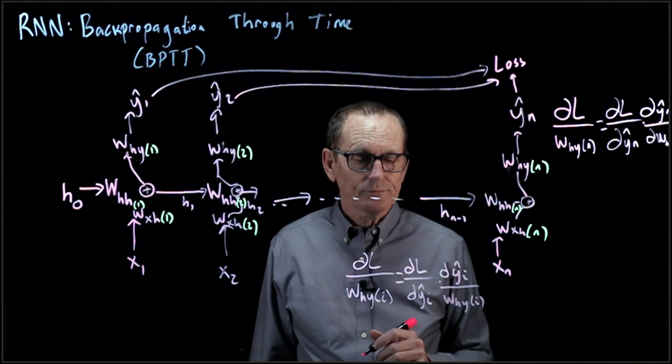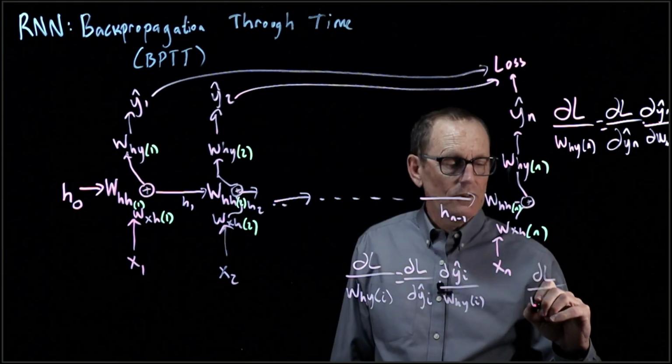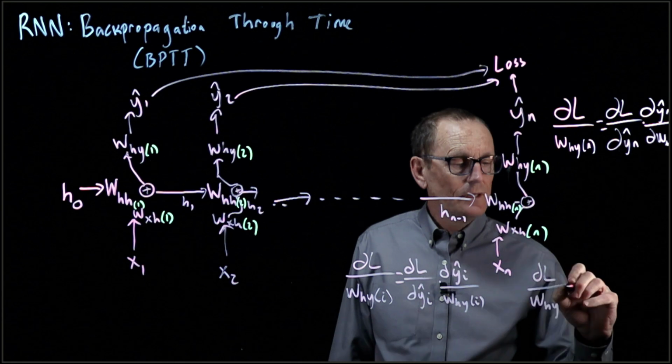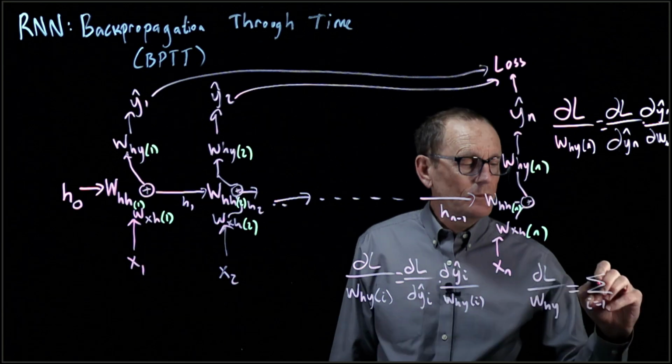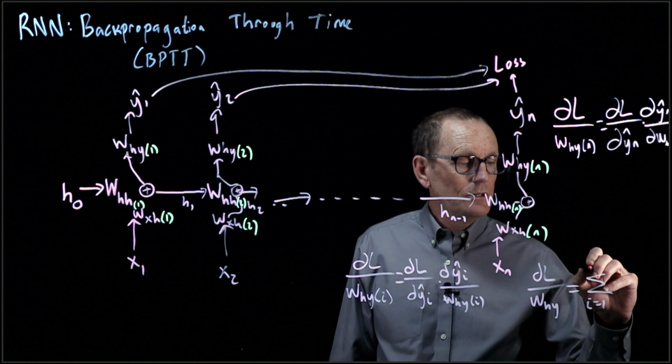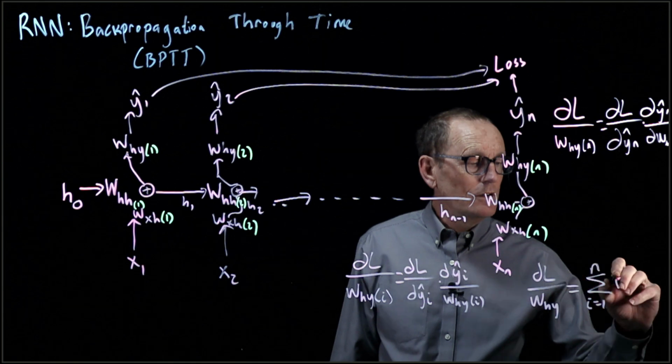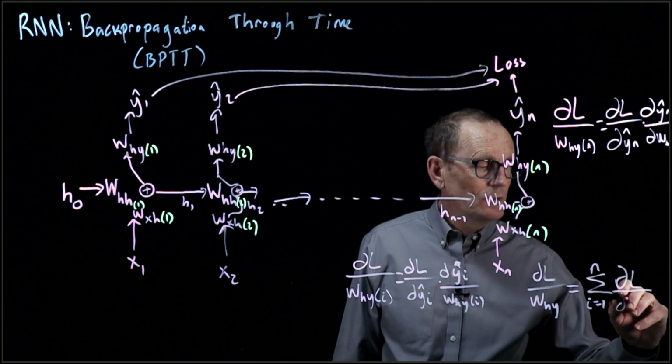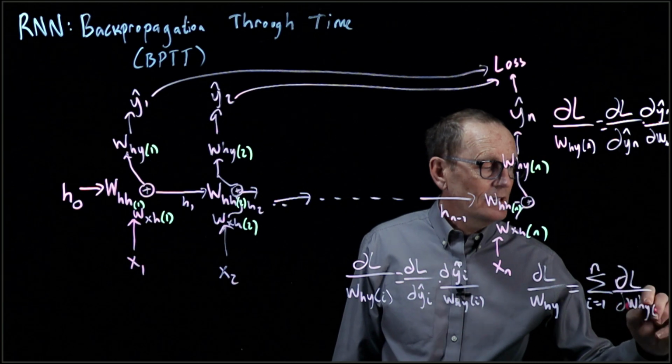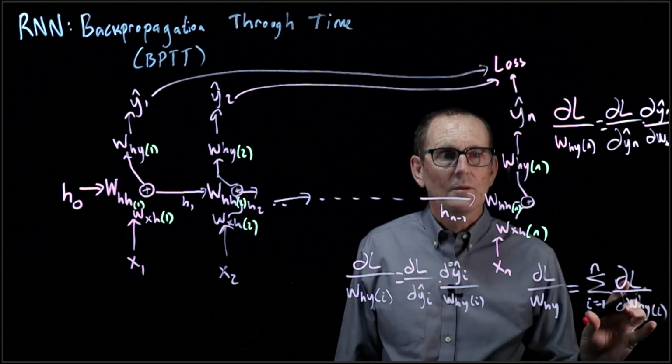And then we're just saying that the partial derivative of L with respect to the general WHY is equal to the summation from i equals 1 to n of the partial derivative of L with respect to that particular matrix.